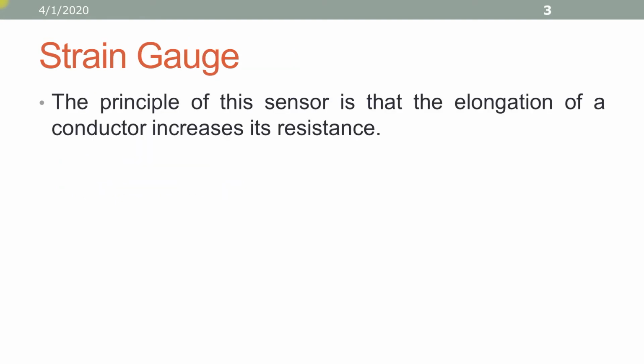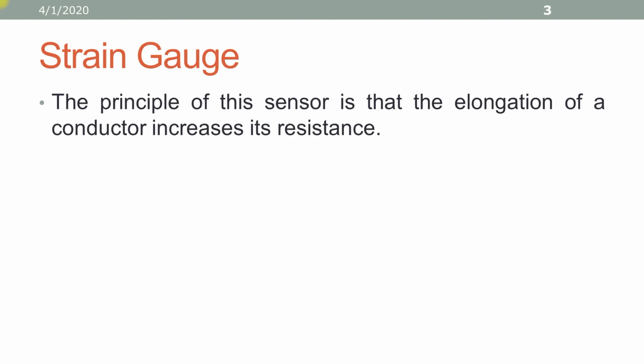Let us discuss first the strain gauge. Here we are measuring the changing resistance, and from changing resistance we can calculate the strain. The principle of this sensor is that elongation of a conductor increases its resistance.